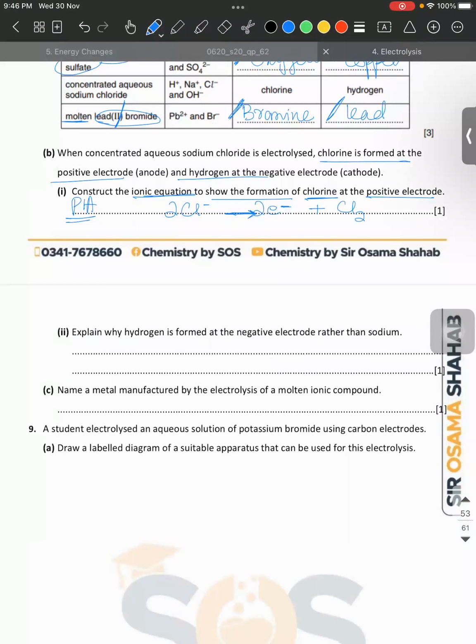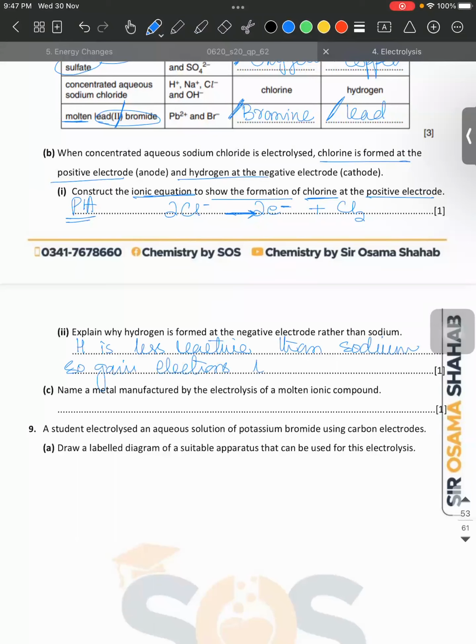Yes, sir. Then explain why hydrogen is formed at the negative electrode rather than sodium. We know that hydrogen is less reactive than sodium, so it gains electrons readily. This is very important to write.